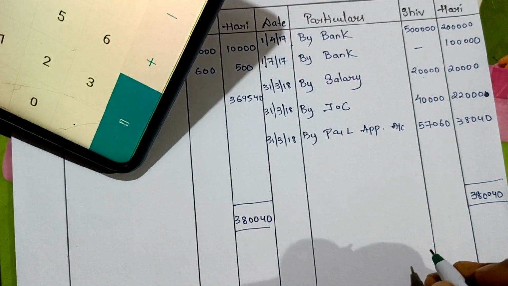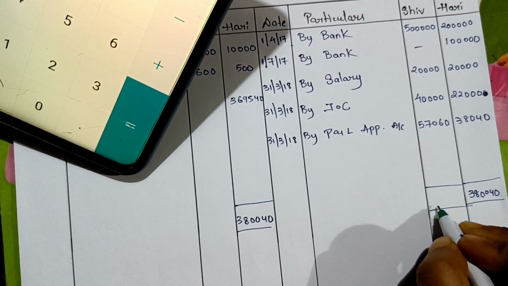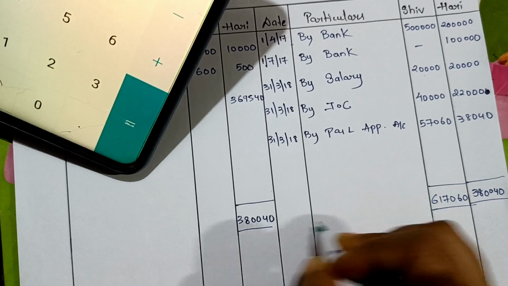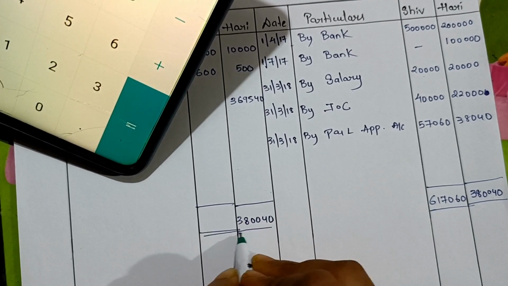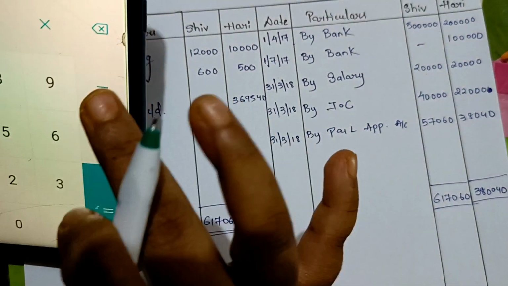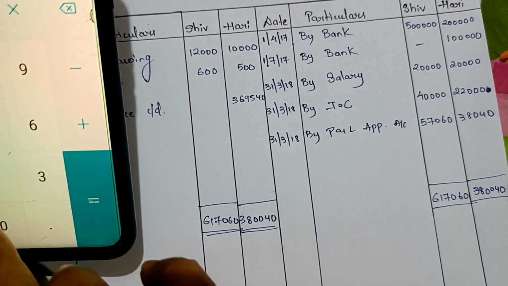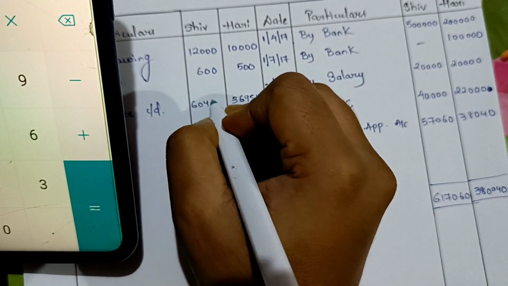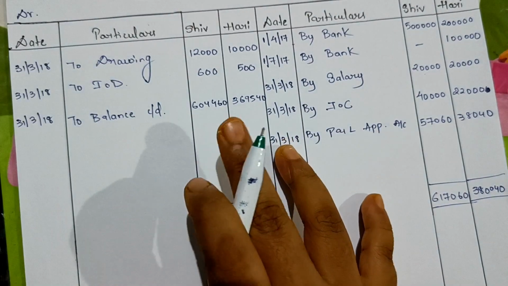So this is 617060 minus 12,600. The carried down amount is 604460. So this is our carried down amount.